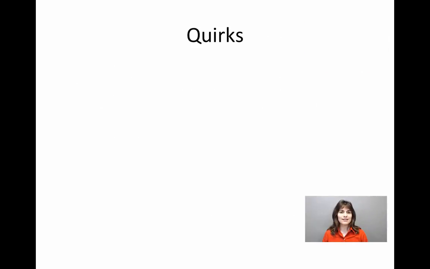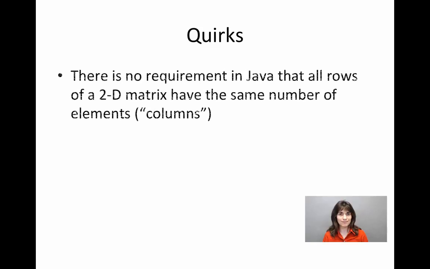The way that multidimensional arrays are implemented in Java creates a very interesting quirk. There is no requirement that matrix of I and matrix of J, if matrix is a two-dimensional array, have to have the same length.